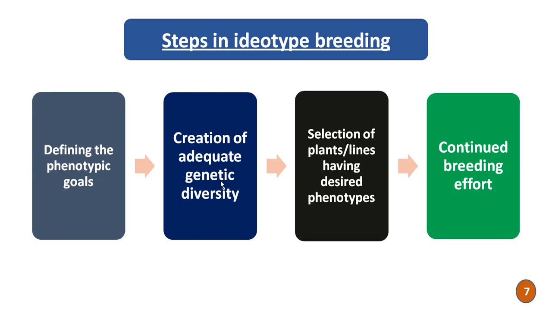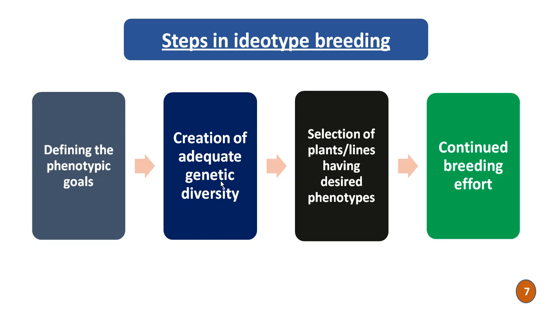Next are the steps involved in ideotype breeding. This is a very important one, how ideotype breeding works. The first step is defining the phenotypic goals. The traits that are to be modified are first defined, and then the level of phenotypic expression to be achieved must be specified.